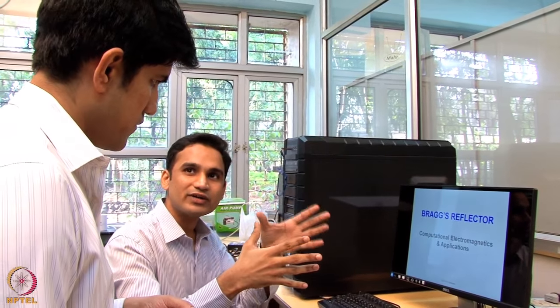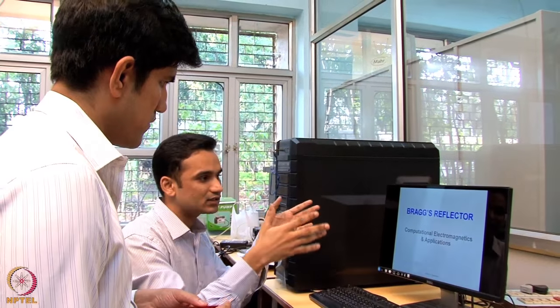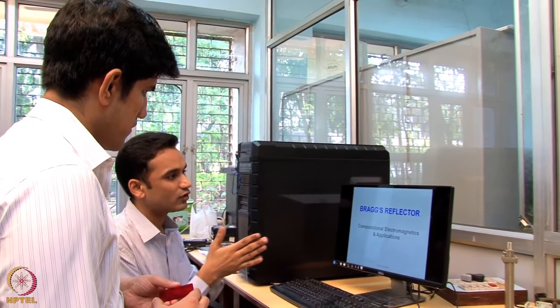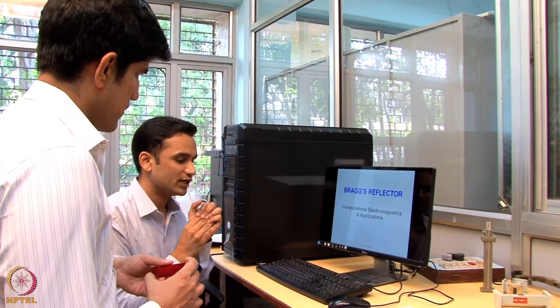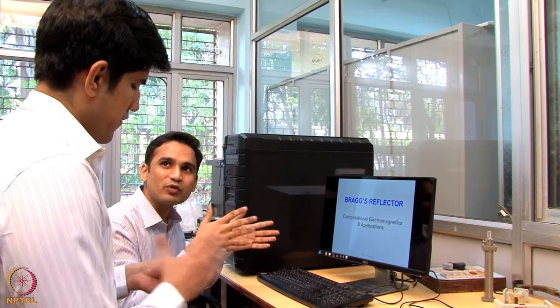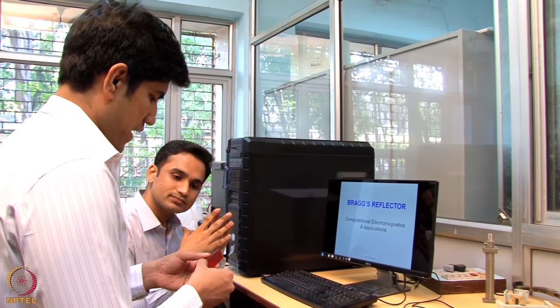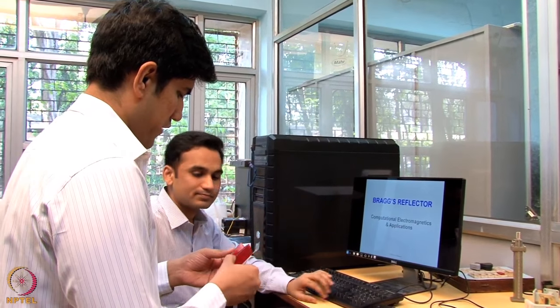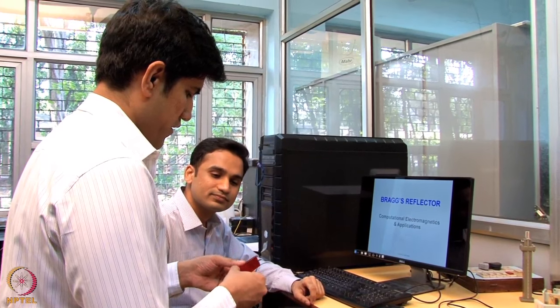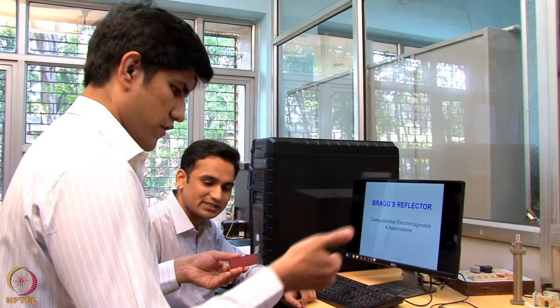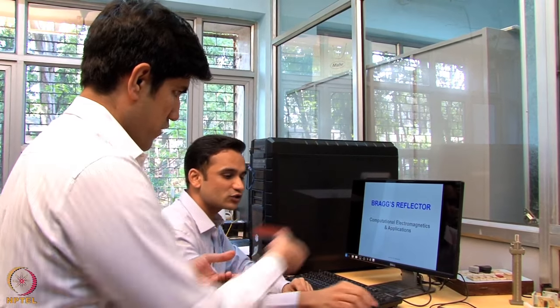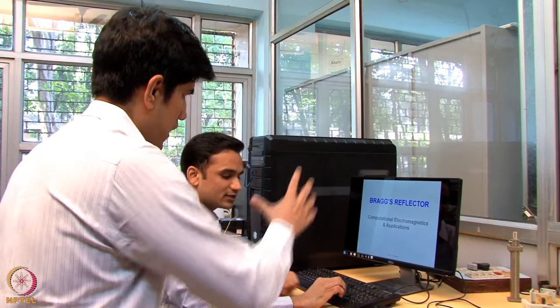Part of the incident beam will reflect, and this is required for applications wherein we need the beam to be reflected between some points. Basically we are stacking slabs of different dielectric constants. The light is going to come and reflect. So let's go into the physical modeling and how we have done it.